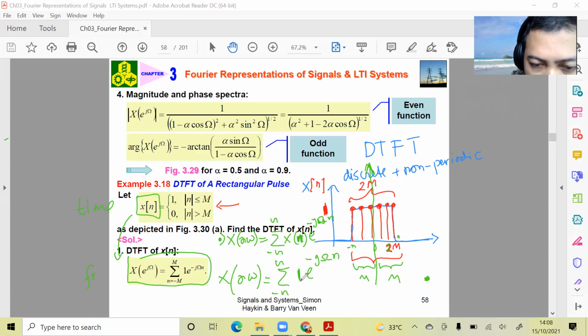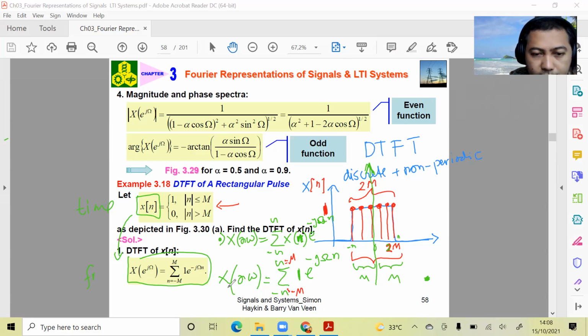But we have to change the limit. The upper limit should be m, and the lower limit is minus m. That becomes like this.